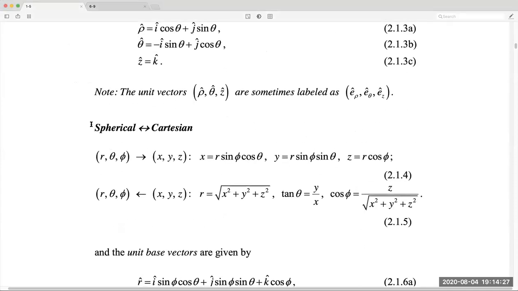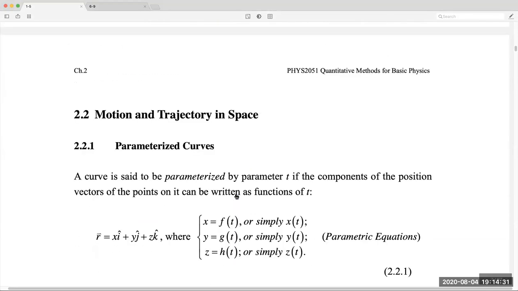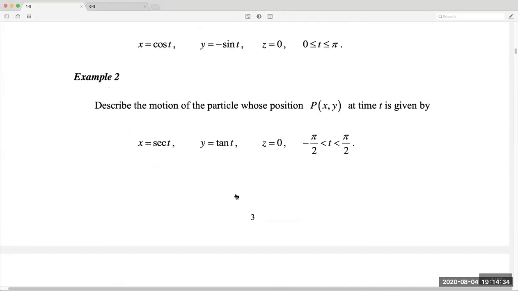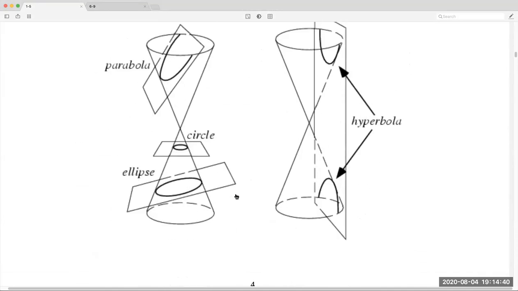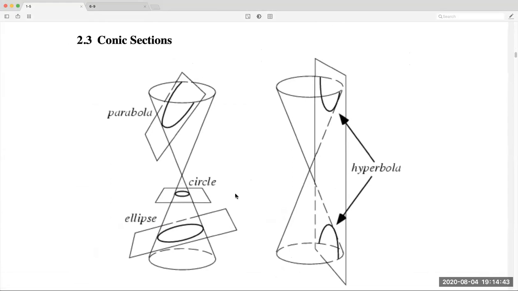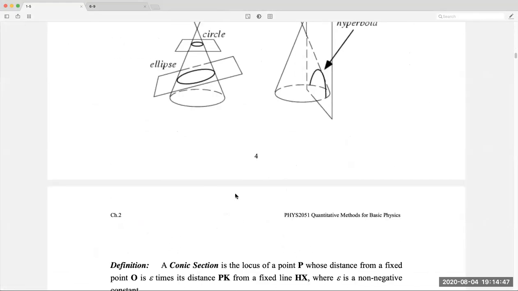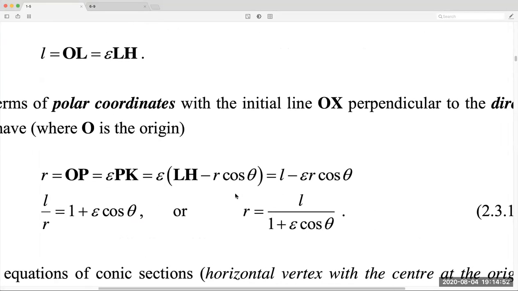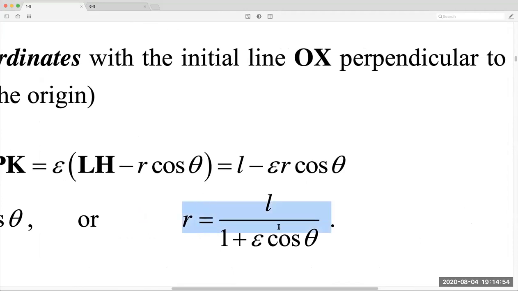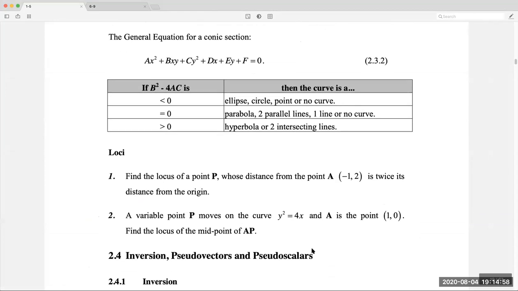Just ignore how we convert this coordinate system, otherwise it's so complicated. About the cone excitation, we have talked about it a little bit in the conversation, and we will look at how to prove this formula later on.